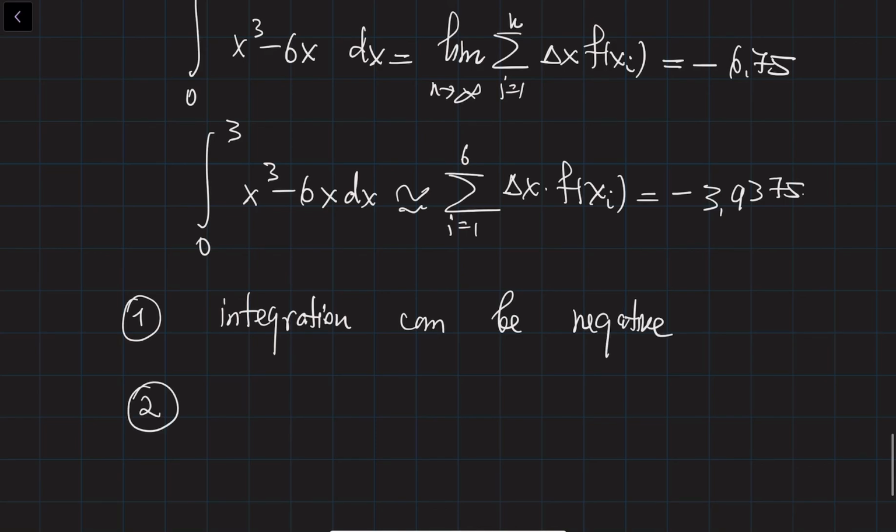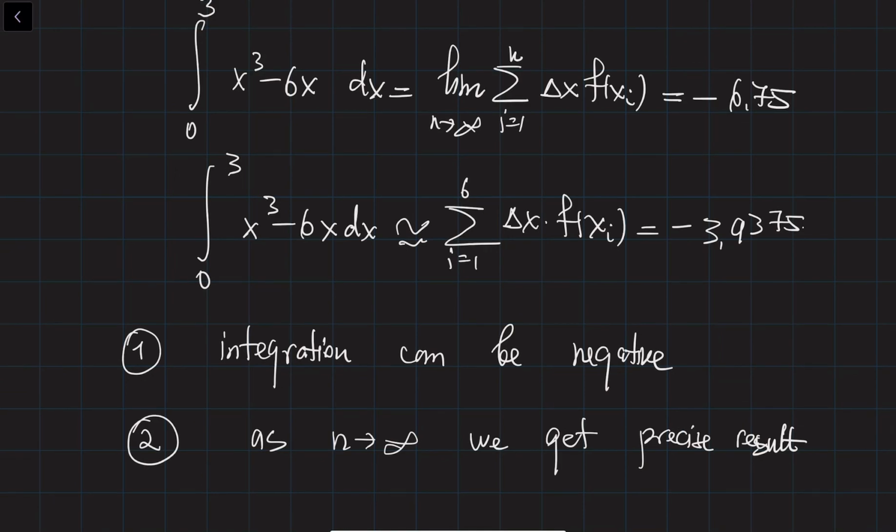So in order to evaluate the integration exactly, we need to find the limit, right? So as n goes to infinity, we get the precise result. And the most important one is that we can't really afford to do all of these calculations every time we need to evaluate the integration.